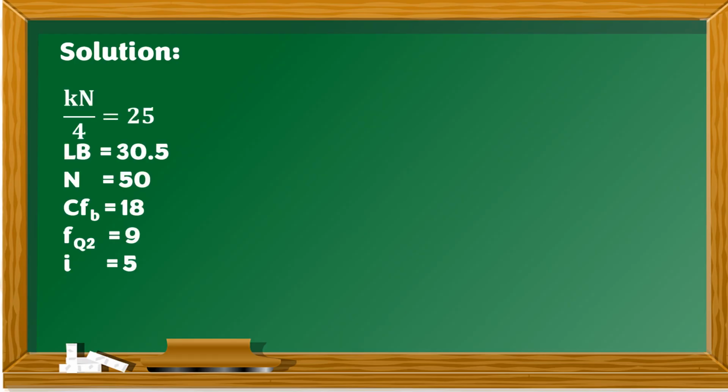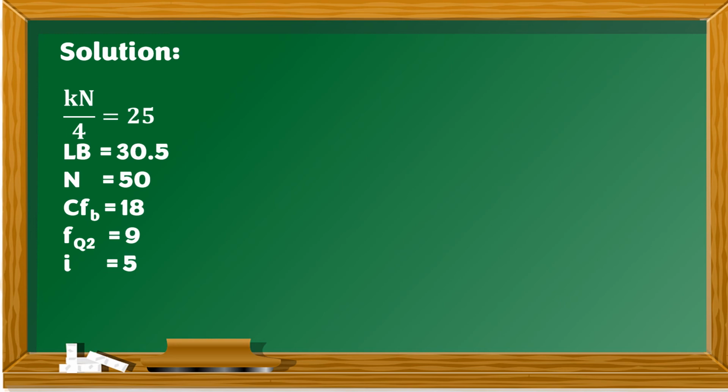So let us recall first the given values. So Kn over 4 is equal to 25. That is the middle quartile class, which is 25. And then the lower boundary is 30.5. The value of N, or the total frequency, is 50. And then the cumulative frequency below the middle quartile class is 18.